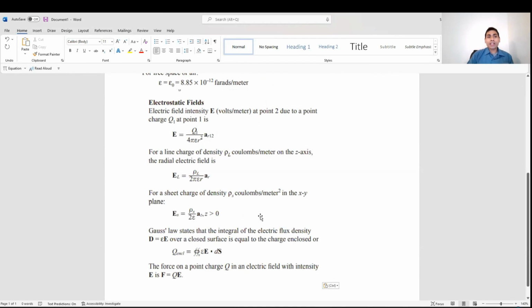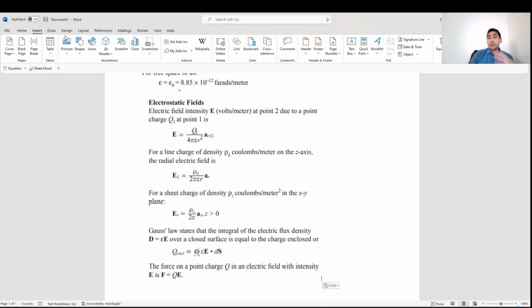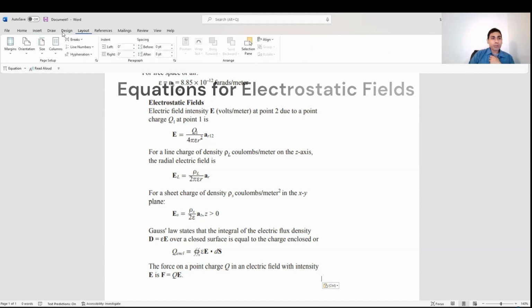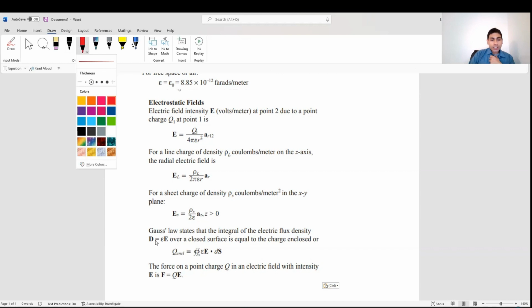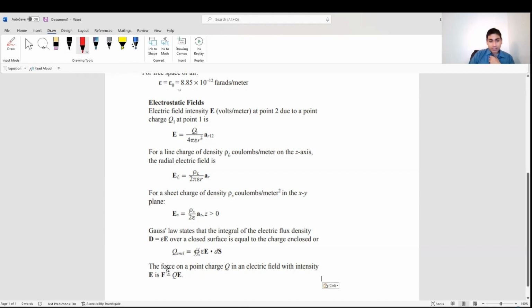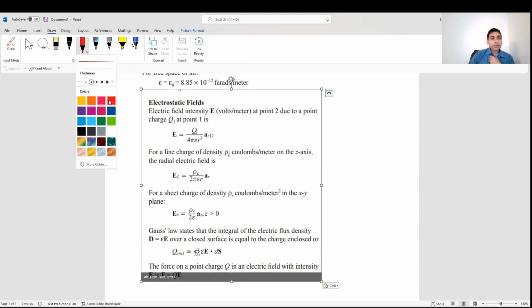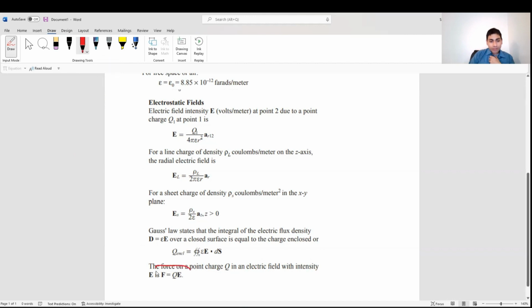Yeah. So as you could see, the force and intensity are related by the charge, right? That's what I was telling you. This is how it's given. If you multiply the charge with the intensity, you're supposed to get back the force.